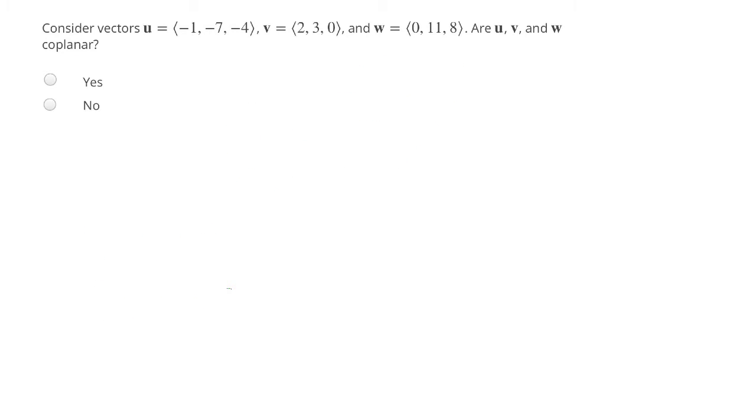So doing just that, if we have u dotted with v cross w, then we are computing the 3 by 3 determinant, where our first row is u, so -1, -7, -4. Our second row will be v, so that will be 2, 3, and 0.